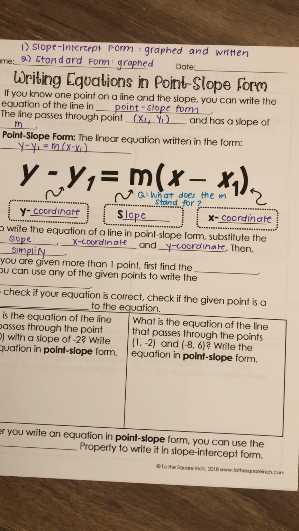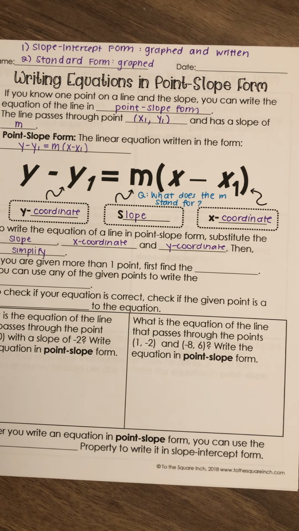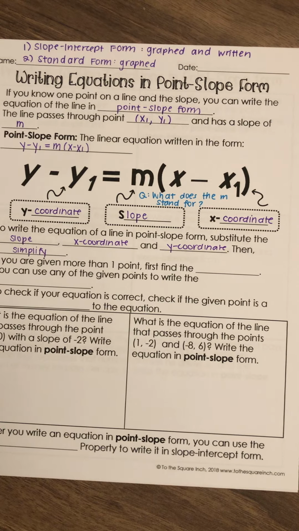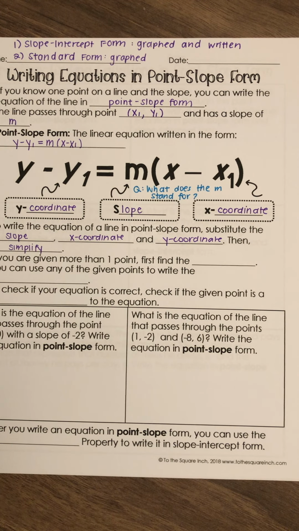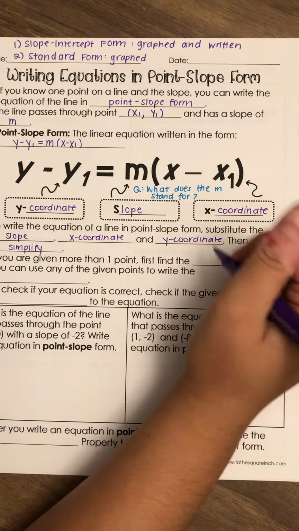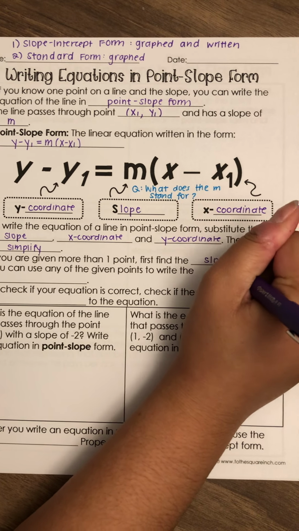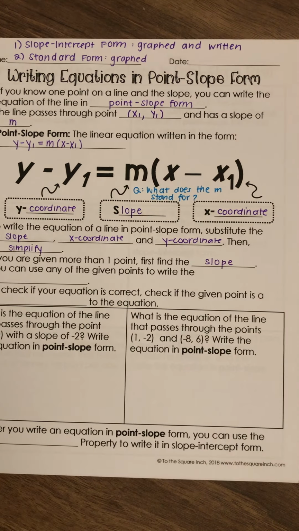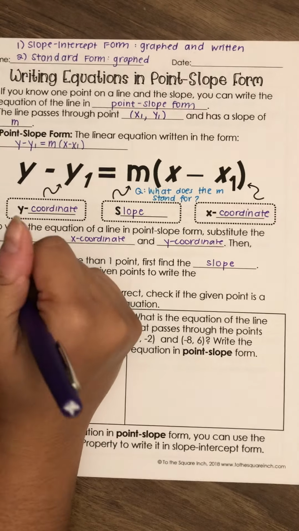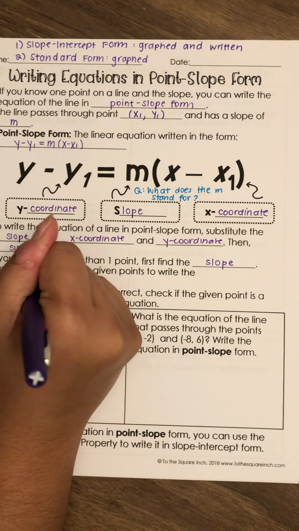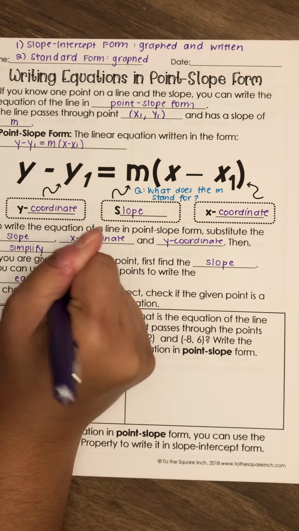So we'll generally be given a point and a slope, and we're simply substituting those values into our point slope form equation. But looking at number 5, if you were given more than one point and no slope, then first find the slope. And then you can use any of the given points to then go ahead and write the equation.